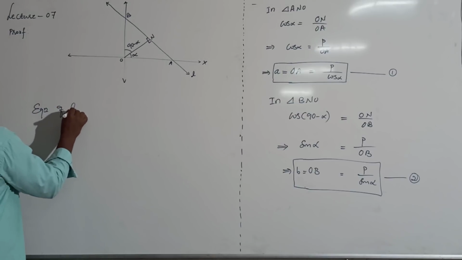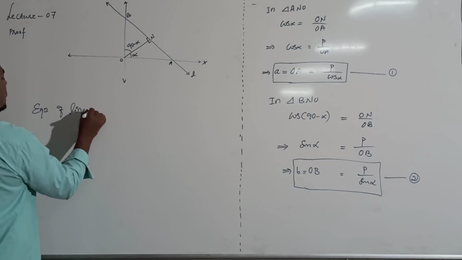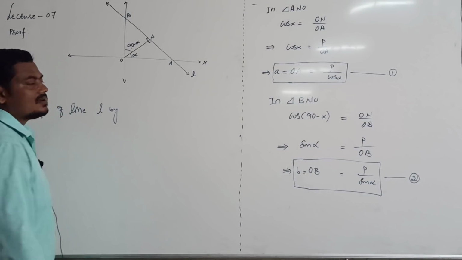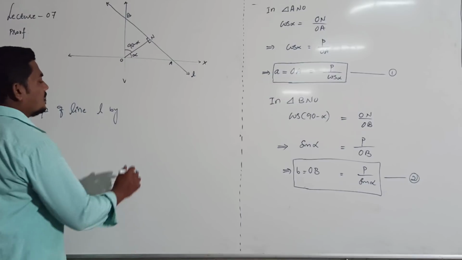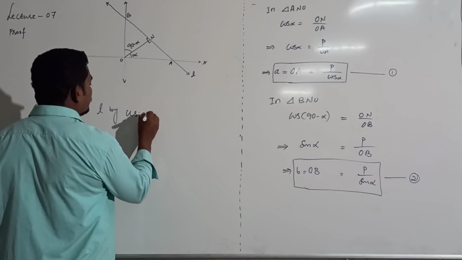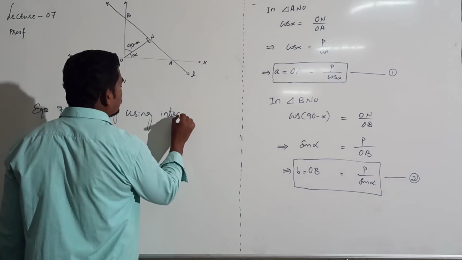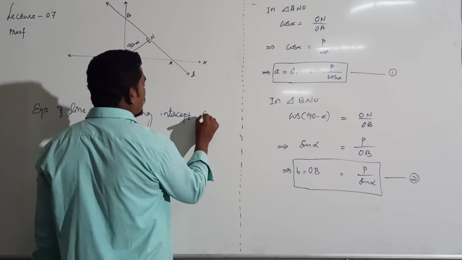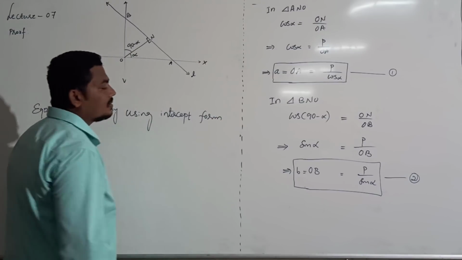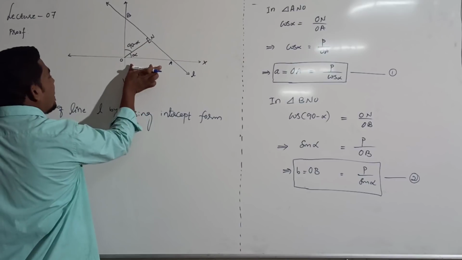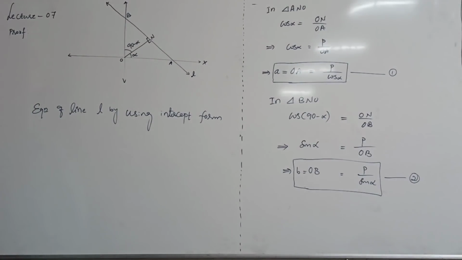Now the equation of line L by using intercept form, right? Tell me what is the equation of line L whenever the x intercept and y intercept are given.